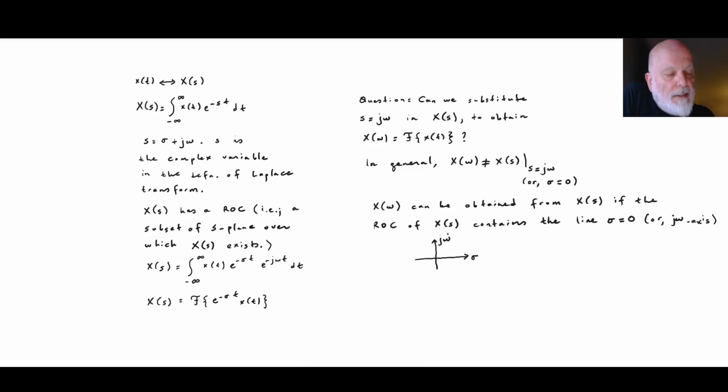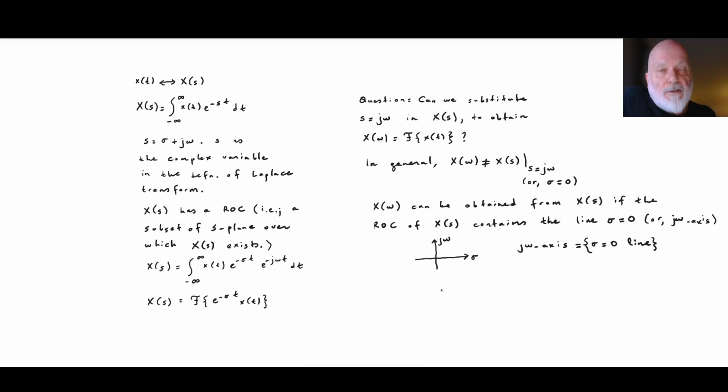Now, the j omega axis is equal to the sigma equal to 0 line, which corresponds to the vertical axis.